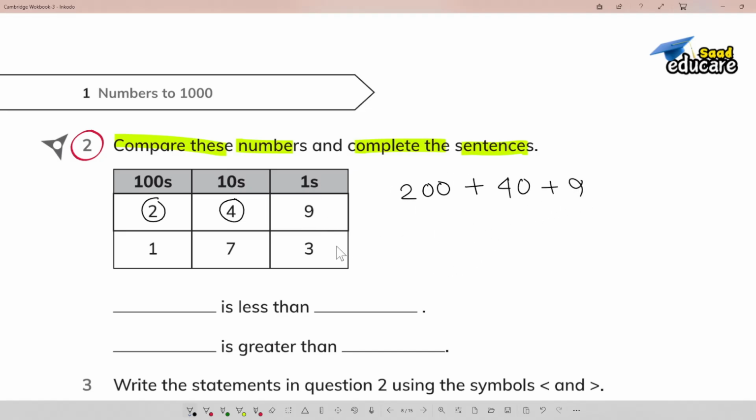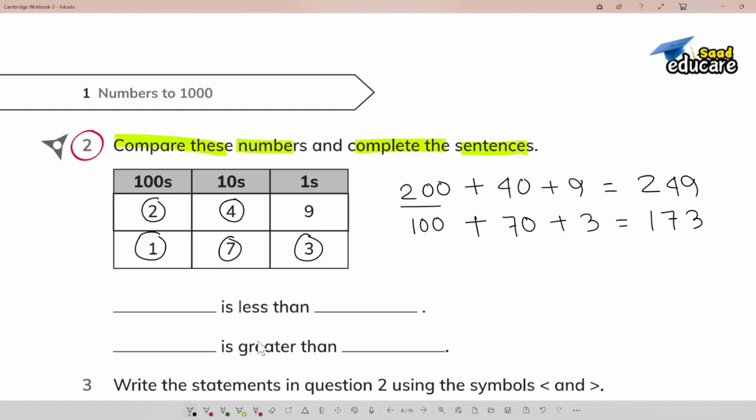So here it will be 249. And what about the next row? Here 100 cell 1 means 100, plus 10 cell is 7, so 70, and 1 cell is 3. So we can say this one is 173.